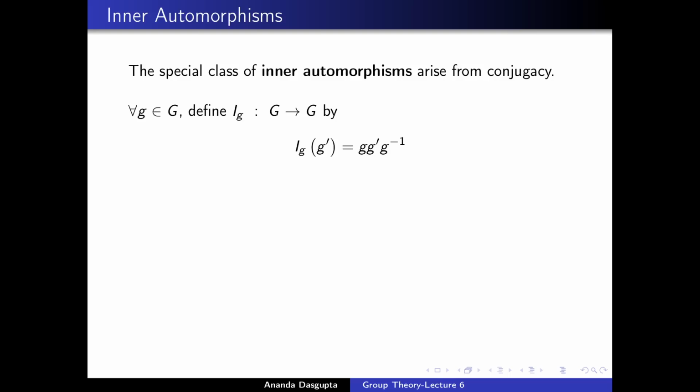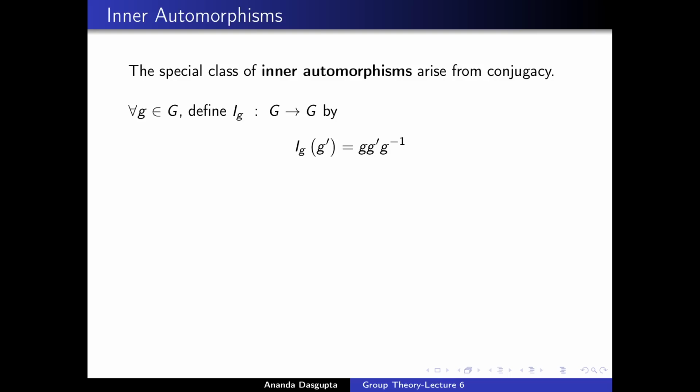We had actually met the map I_g in a previous lecture when we were talking of conjugacy classes, but there we did not really formally name this. Right now, let us name this formally. This is the inner automorphism induced by the element g.